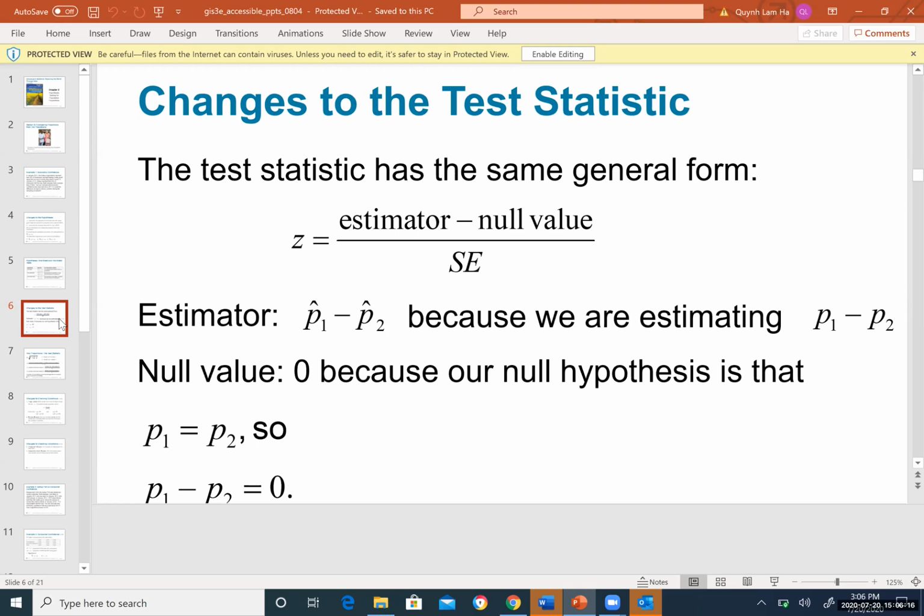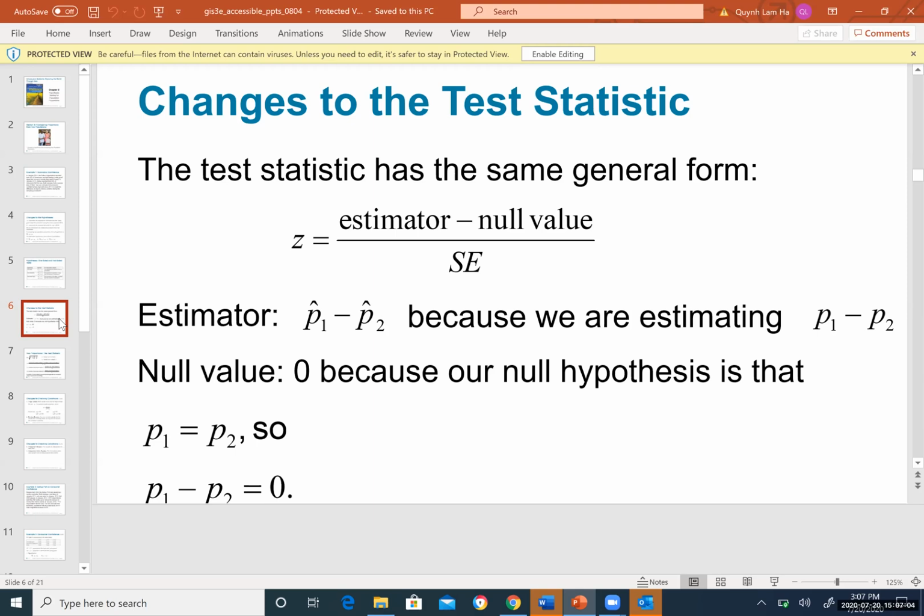For the estimator here, I told you earlier, the estimator is the value that helps us estimate the parameter, and the parameter is P. In this case, we're talking about P1, P2, which represent parameters. And this estimator happens when, in the story, they give us more specific numbers about the population so that we can use that information to estimate the parameters P1, P2.